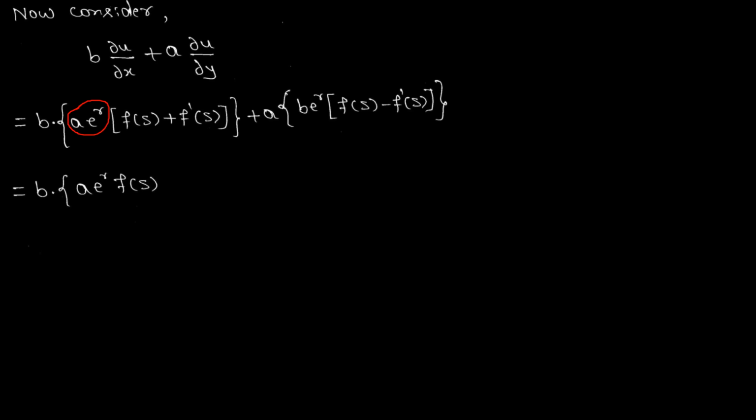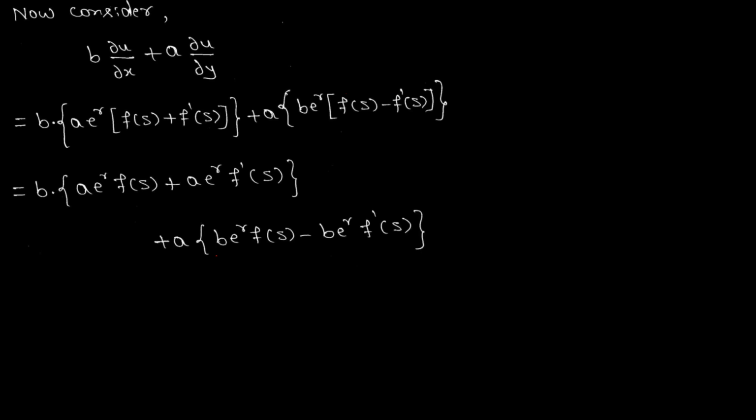Thus a into e to the power r multiplied by f of s, then plus a into e to the power r will be multiplied by f dash of s. The same thing happens here. We'll multiply b into e to the power r inside. Yes, we have multiplied here. Now let us multiply b also inside the brackets. Here a we will multiply inside.